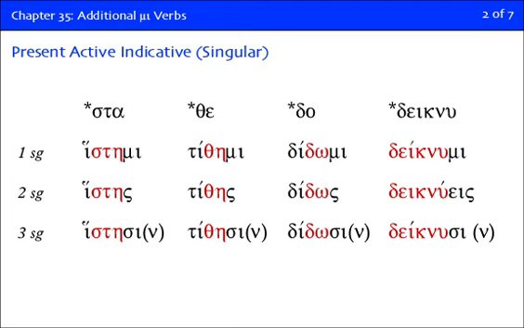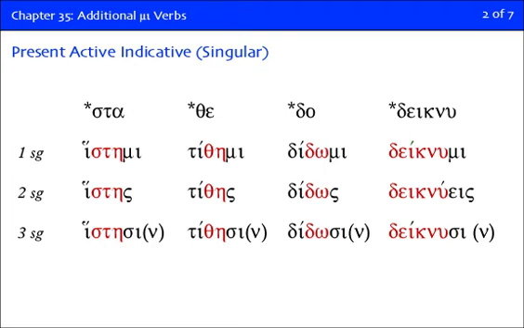All right? So where you have didos, you get tithes. Can you see that's the same thing? You have the lengthened root vowel, where in didomi it's an omicron going to an omega. The epsilon is going to an eta, but it's the same thing that's happening. Tithes.